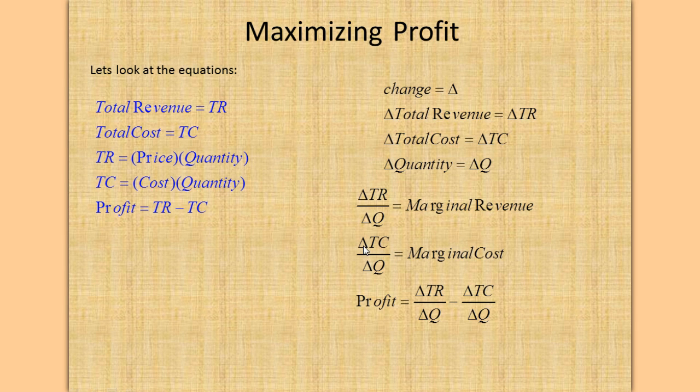And the change in total cost divided by the change in quantity equals your marginal cost. So profit is essentially marginal revenue minus marginal cost. Profit equals the change in total revenue divided by the change in quantity, minus the change in total cost divided by the change in quantity. That's just a little note. I want you to see that.